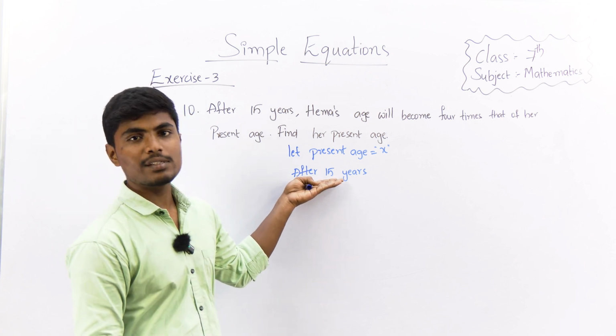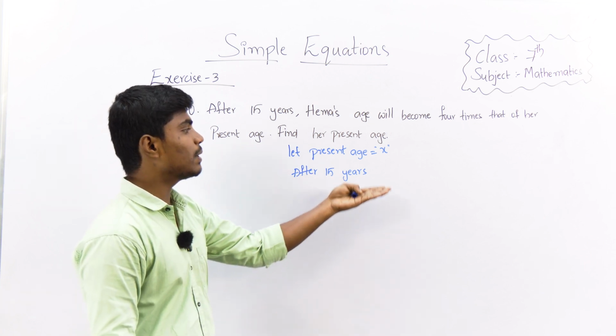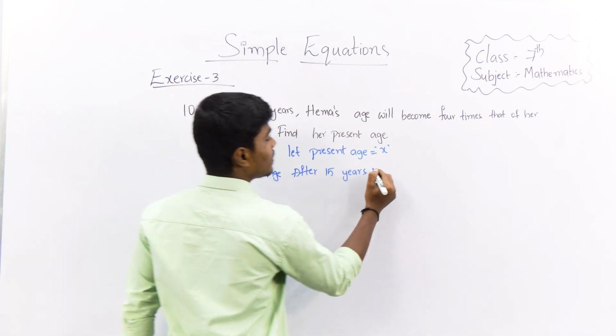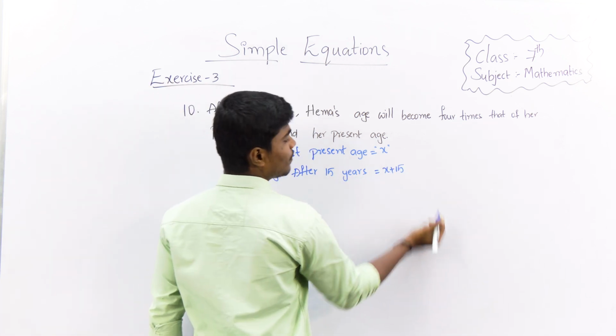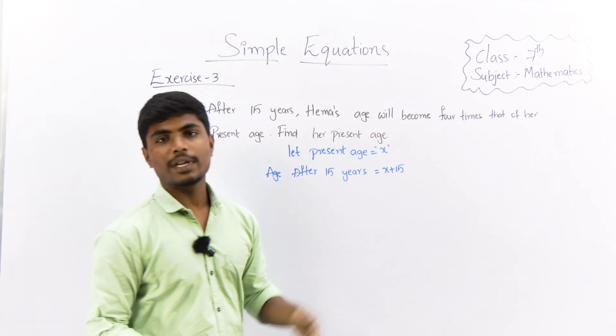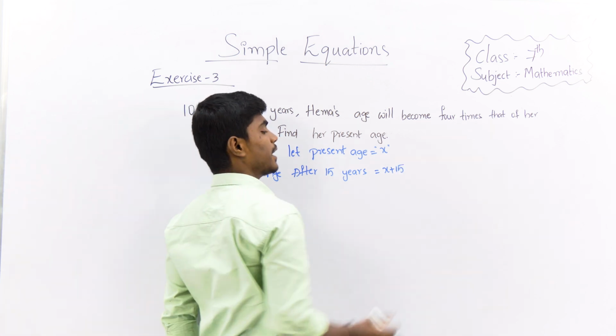After 15 years means the age will be x plus 15. He said that it will become 4 times her present age.